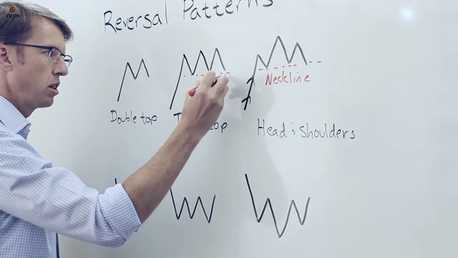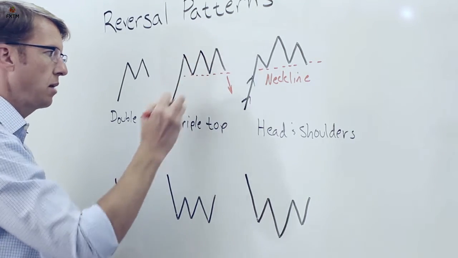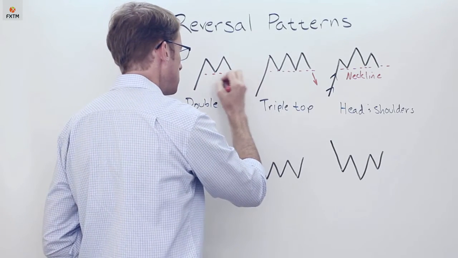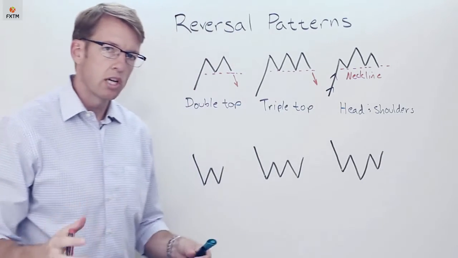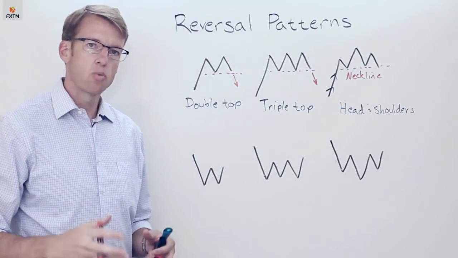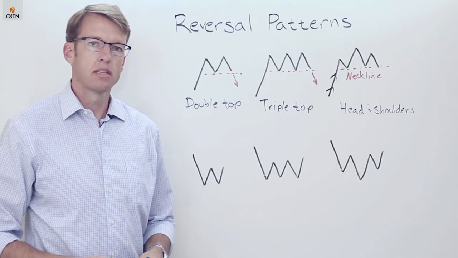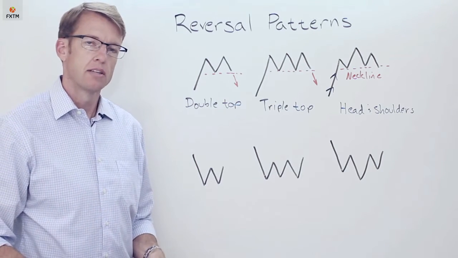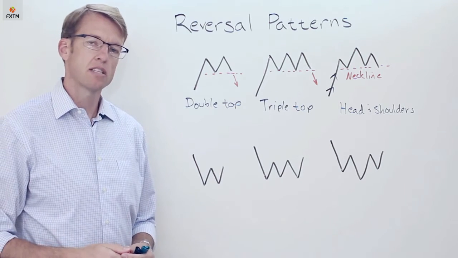When it breaks below the bottoms in between these tops here, or with a double top, as it breaks below just the single bottom that was in between those two tops. So we're looking for confirmation as well as the uniformity of the pattern. We want to see something that looks like we would expect it to look as much as possible. So there is some latitude, but we want to avoid as much ambiguity as possible.